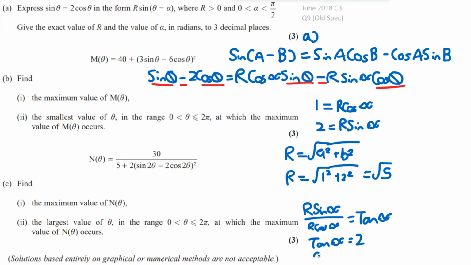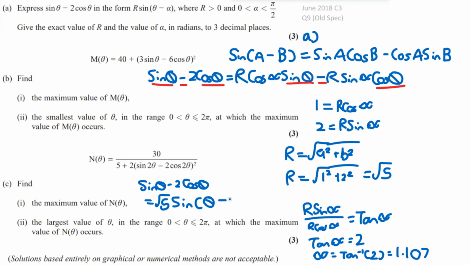So therefore alpha is equal to the inverse tan of 2, which, if you put it into a calculator, in radians to 3 decimal places, is equal to 1.107. So therefore we can write sin theta minus 2 cos theta as root 5 sin of theta minus 1.107.